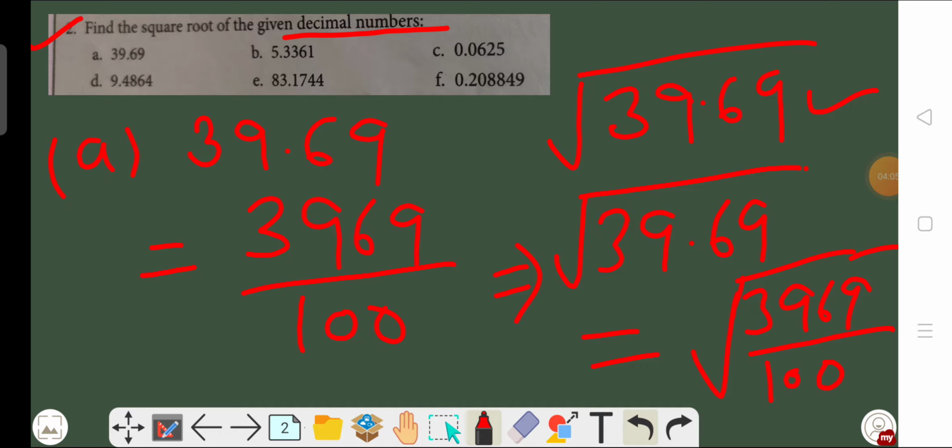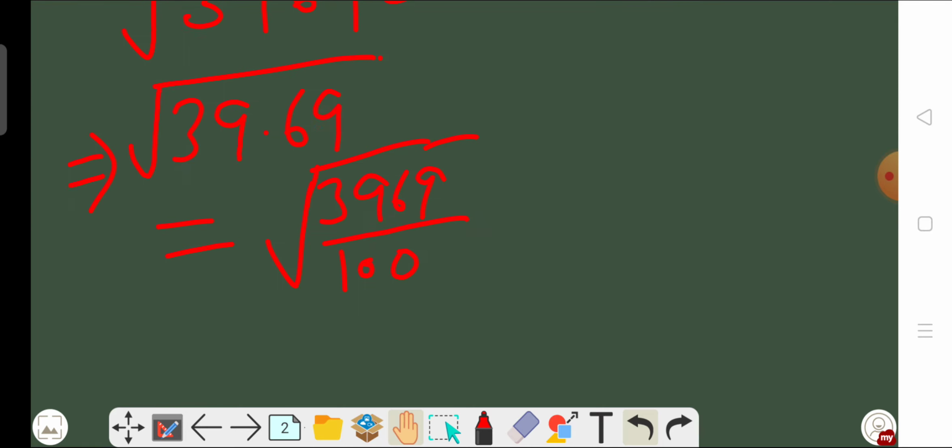From here we can write this is equal to square root of 3969 by square root of 100. Now we will solve the square root of 3969 separately and 100 separately.